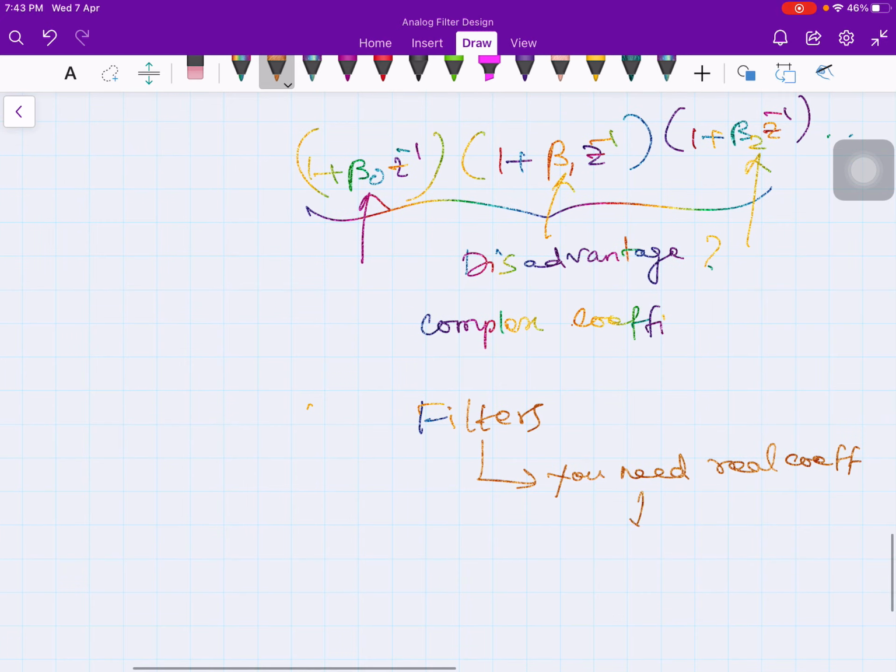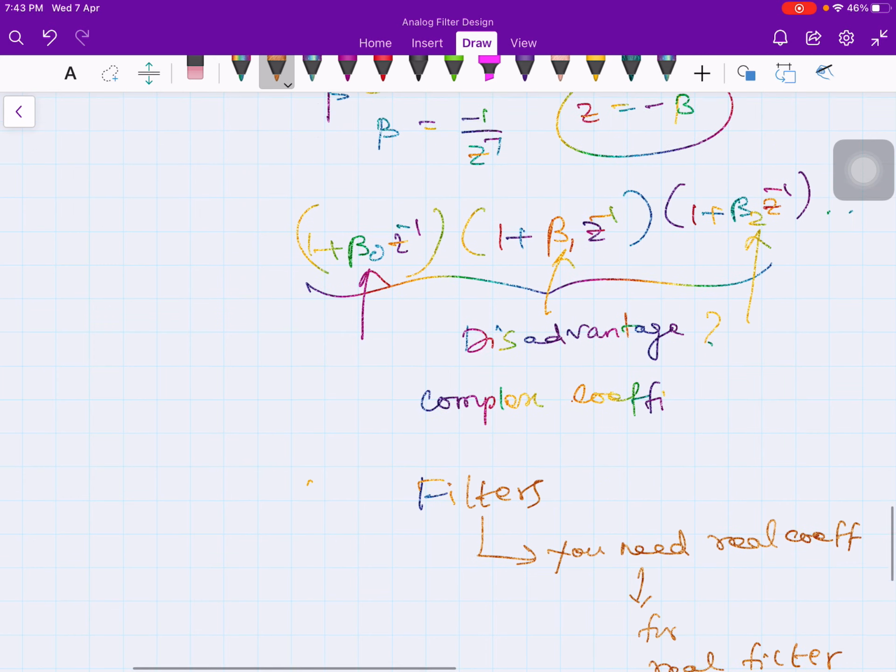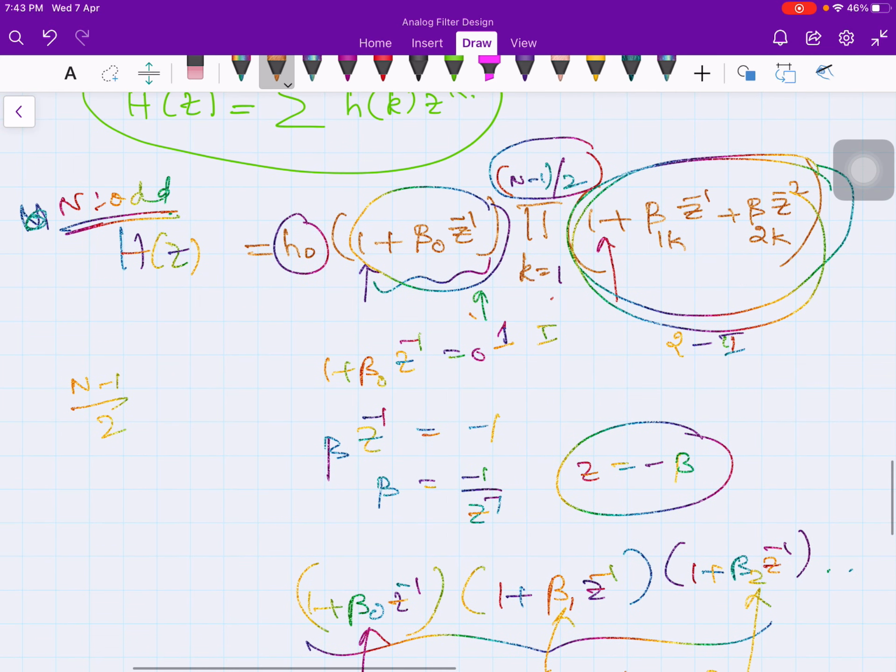So we don't want a complex number as a multiplier. Because of that reason only, we have taken one first order and a number of second order factors. But in the second order factors, you will get real numbers, no issues. But there are certain cases where you will get first order factors and the zeros are all real. In that case, go ahead, you can write in terms of first order factors and realize it, no problem at all.